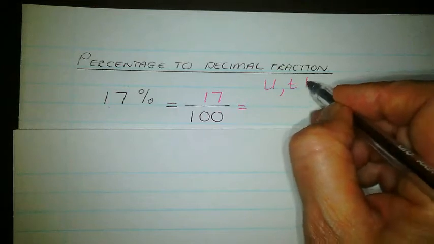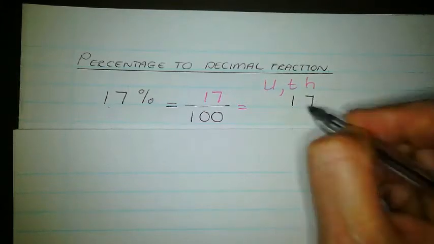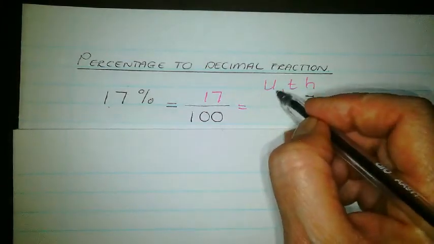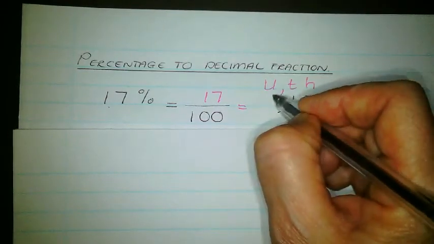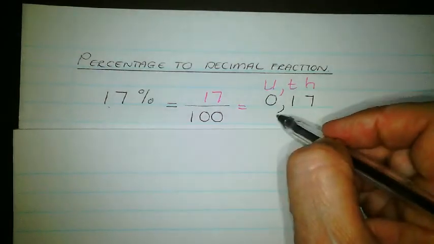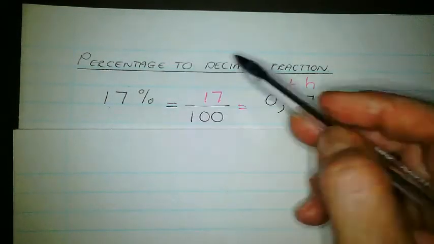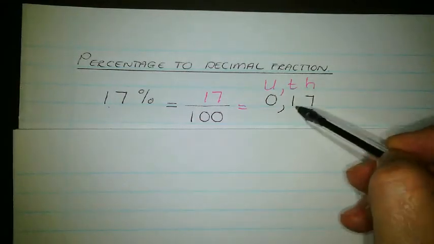The numerator is 17, so I'm going to write the 7 and then the 1. Now to show you that it's a decimal, I'm just going to keep on writing by putting the comma where it was, and then there's no units. So then to write this 17% as a decimal fraction, it's going to be 0,17.